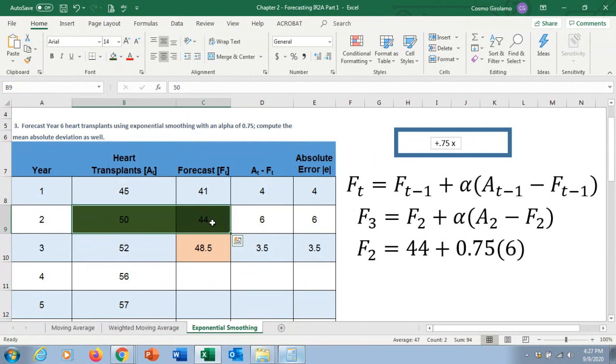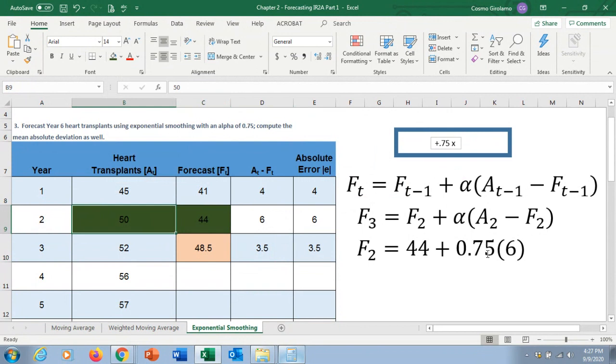Was my prediction too high or too low? I forecasted 44. What actually happened was 50. So I was too low. So because I was too low, when I need to make my correction, I have to come up. So when I do 50 minus 44, I get 6. So when I plug that in, I'm going to come up. And how much am I going to come up?